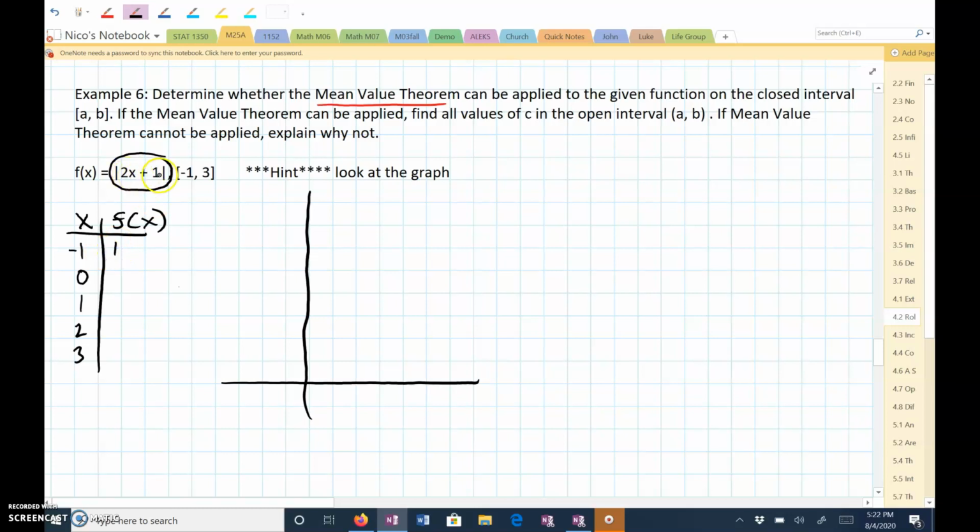If I plug in 0, I'm going to get 1. If I plug in 1, I'm going to get 3. If I plug in 2, I'm going to get 5. If I plug in 3, I'm going to get 7.